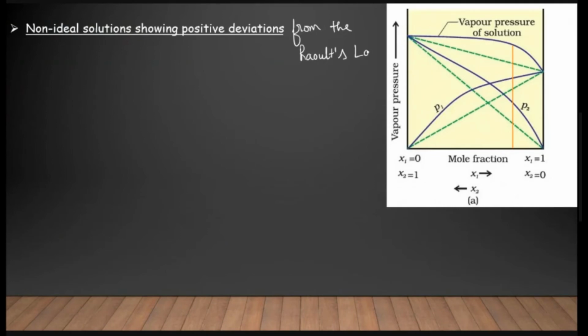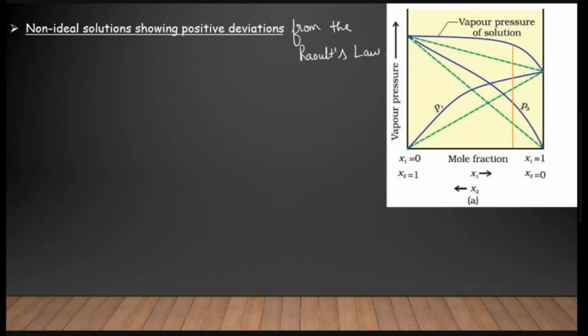Raoult's law. So you can see the graph over here in the right side corner. I have the graph in which the y-axis is the vapor pressure and the x-axis is the mole fraction. Here the mole fraction changes as we move from left to right or from right to left.